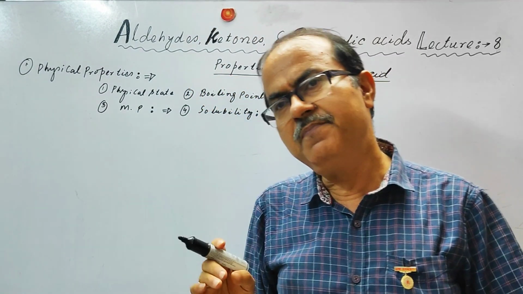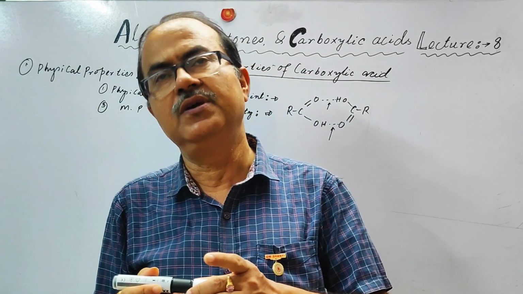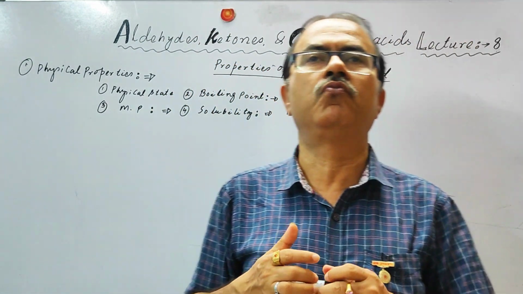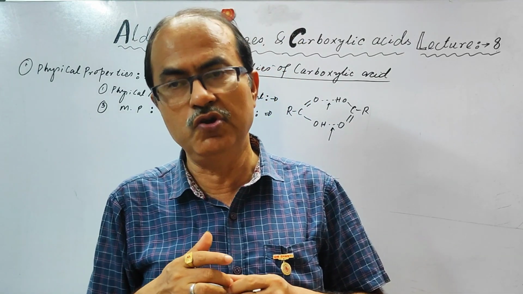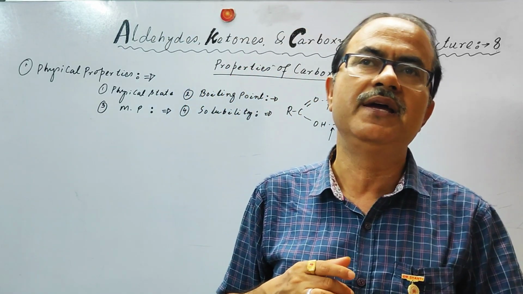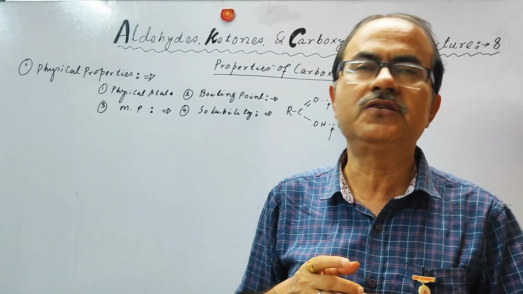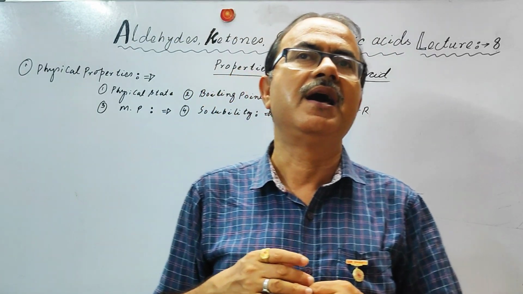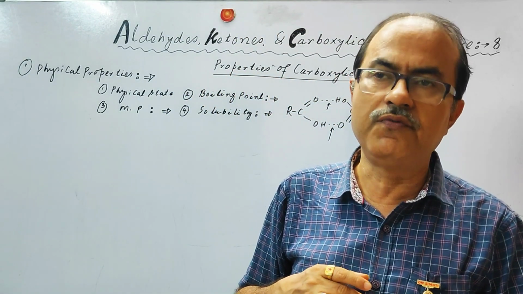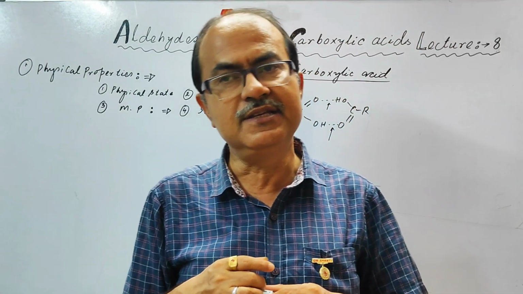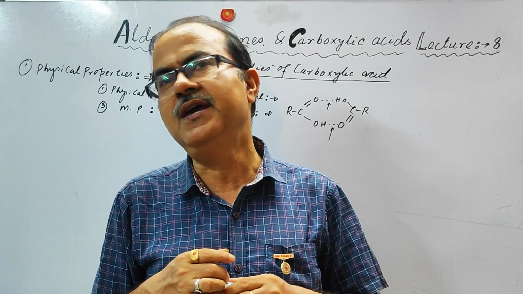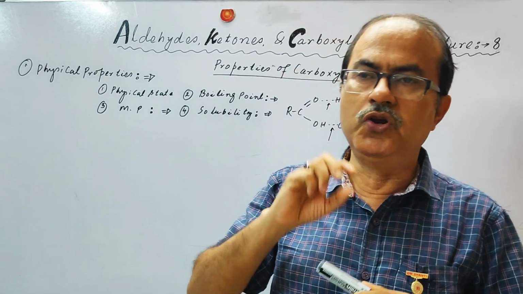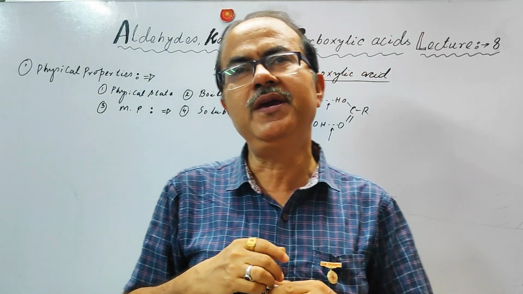But as the carbon atoms in the carboxylic acid go on increasing, its solubility decreases. Due to the increase of the carbon atoms in the hydrocarbon part, the hydrophobic interaction increases, and so there is lesser solubility as the molecular weight increases.